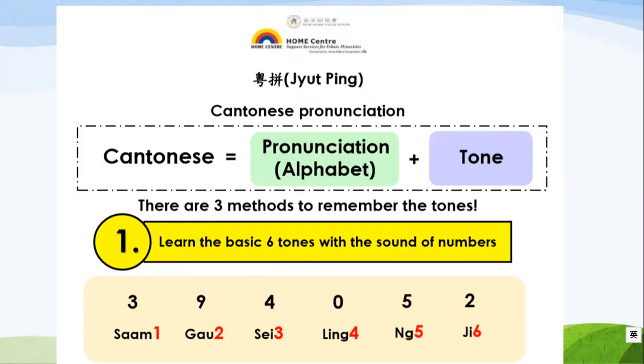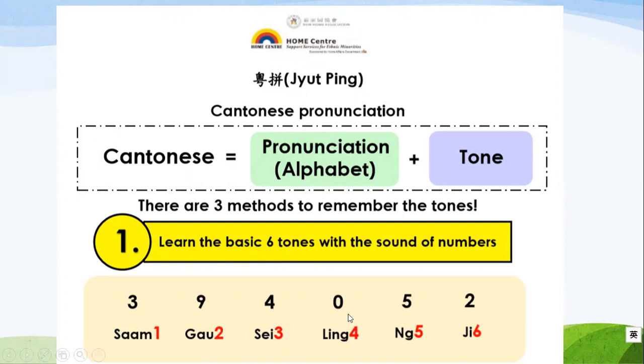If you know the Cantonese numbers, from 1 to 10, the first tone should be like 3. The second tone should be like 9. The third tone should be like 4.